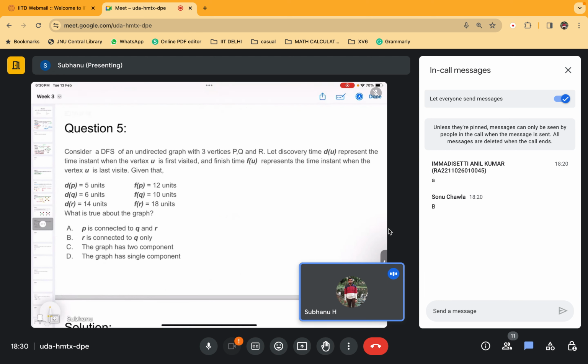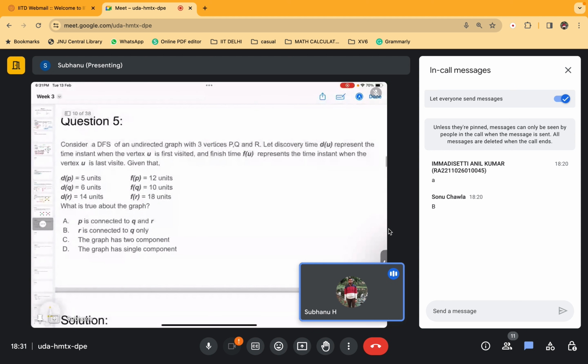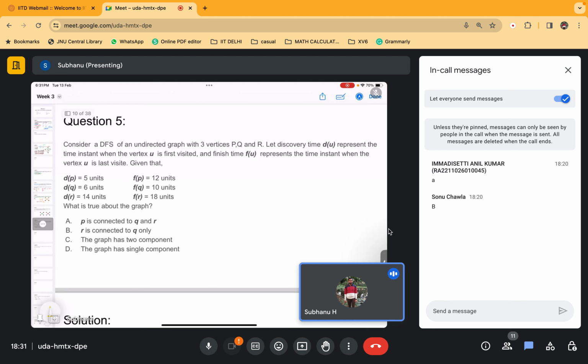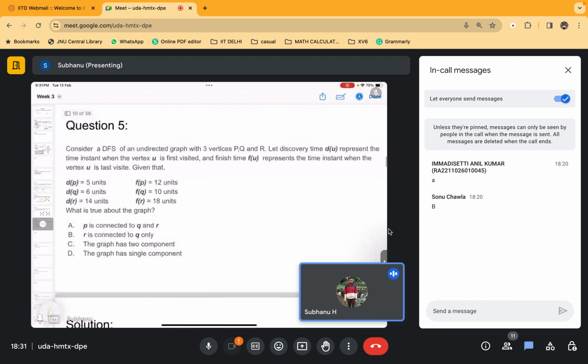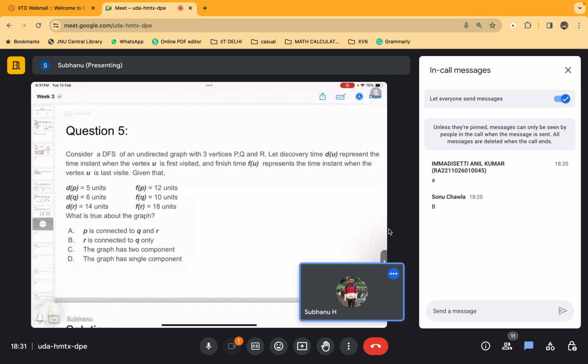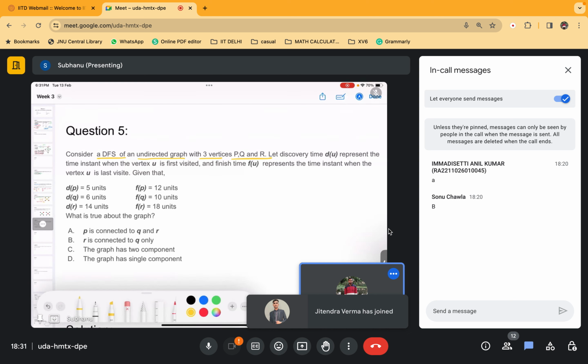So now this is the question. We have already seen the question about the DFS. You can consider a DFS of an undirected graph with 3 vertices P, Q, and R. Please read the question carefully.